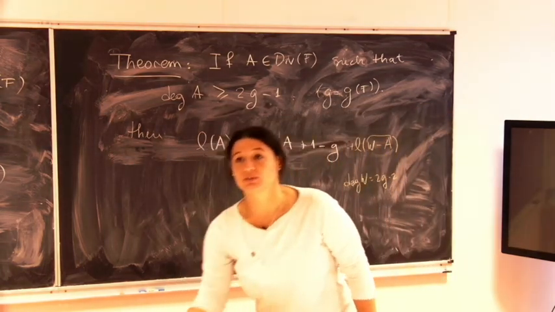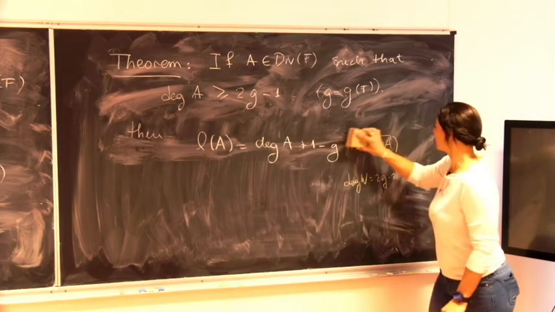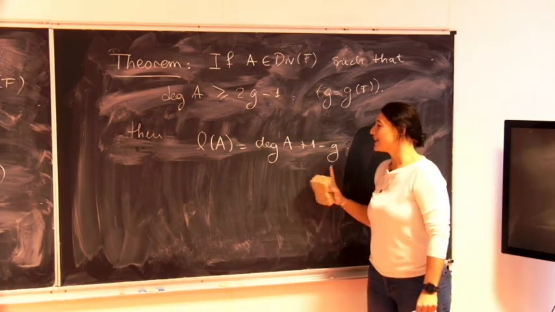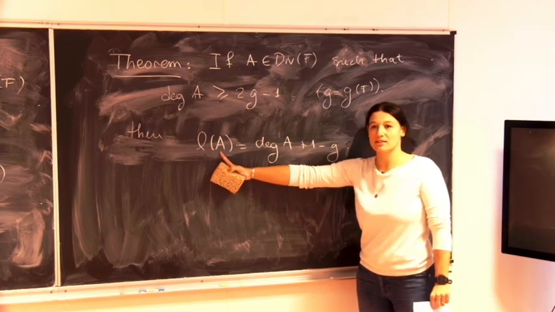So I will be able to remove this part because it is only 0, and I'm going to get exactly the dimension of the divisor.